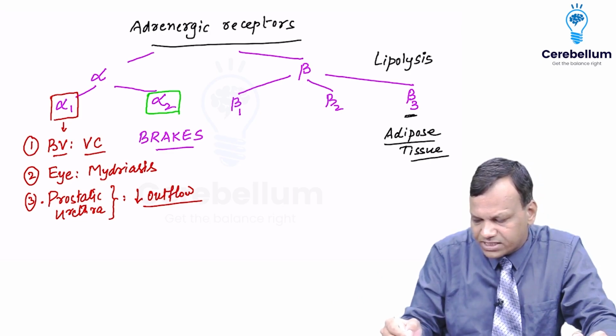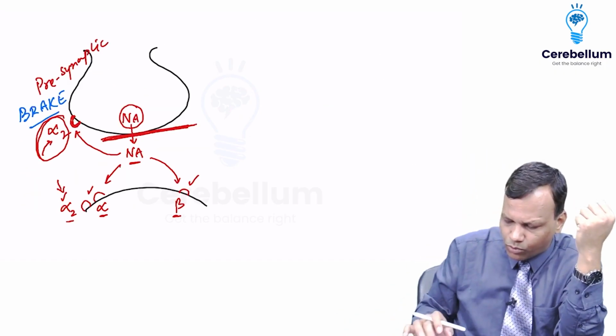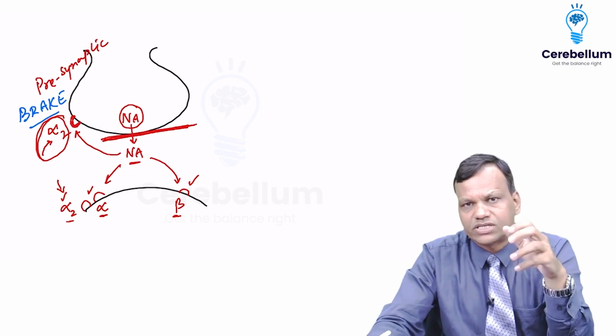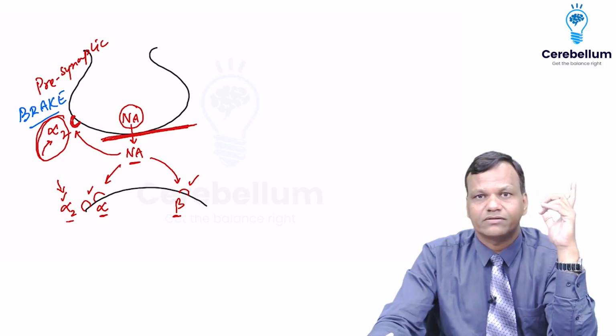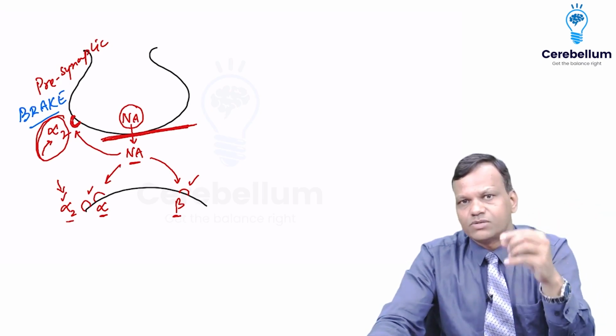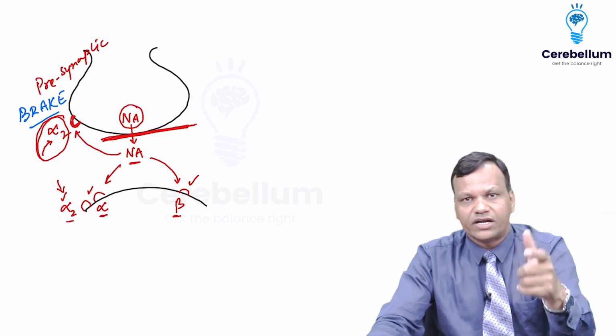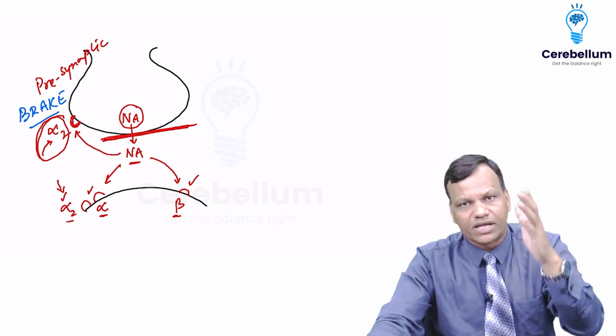Beta 3 break the fat. When we came to know that beta 3 causes lipolysis, immediately there was a light in our brain: we will develop a drug that stimulates beta 3 and we can treat obesity. It will cause weight loss because beta 3 are breaking fat.